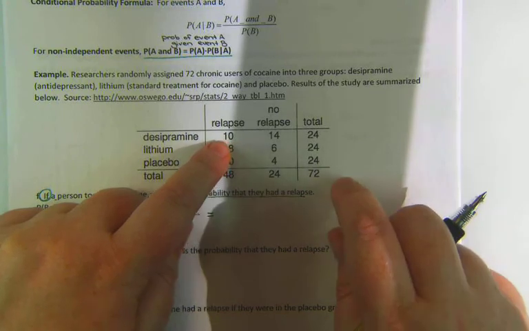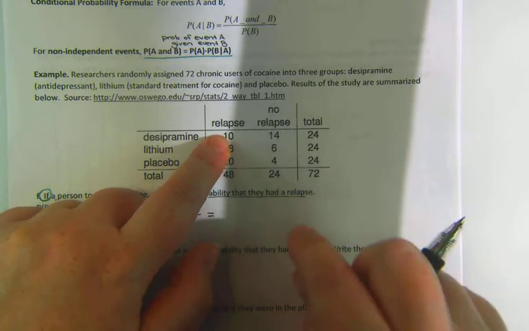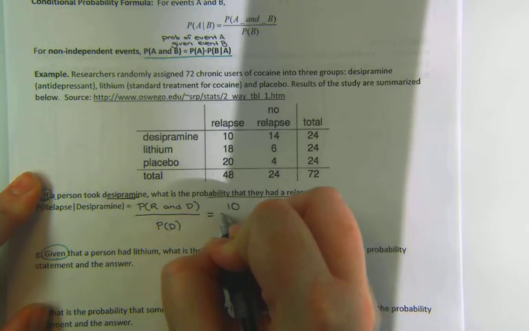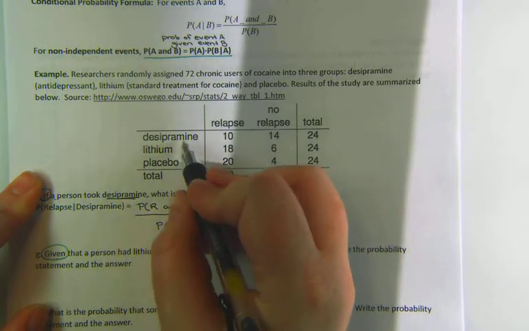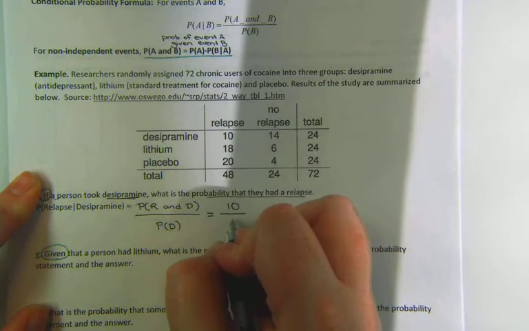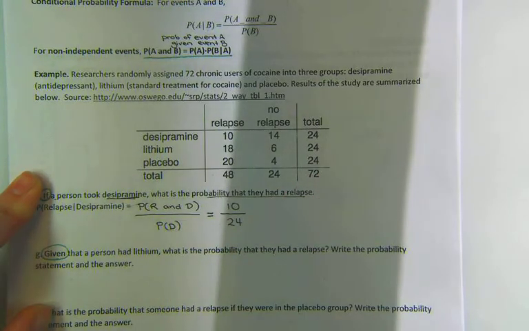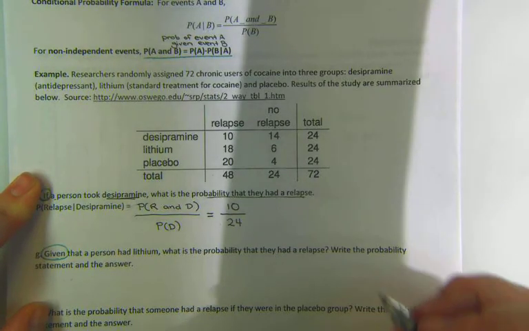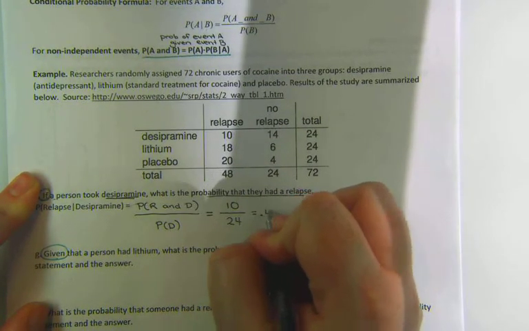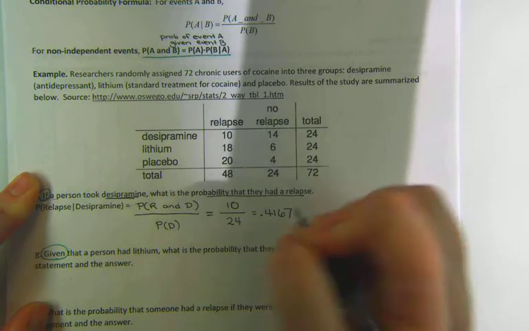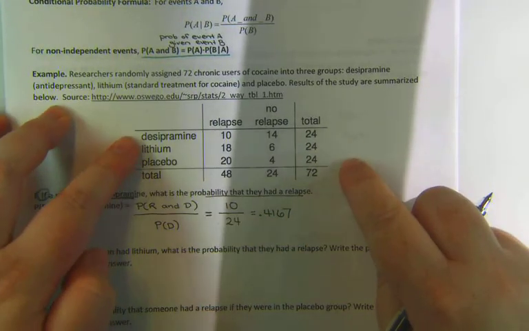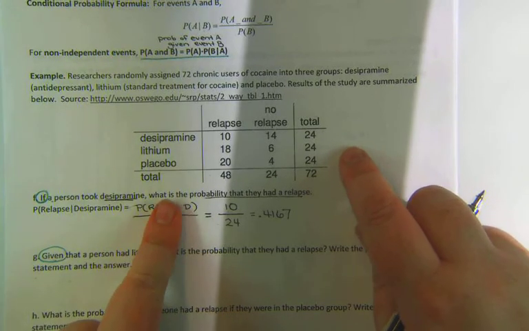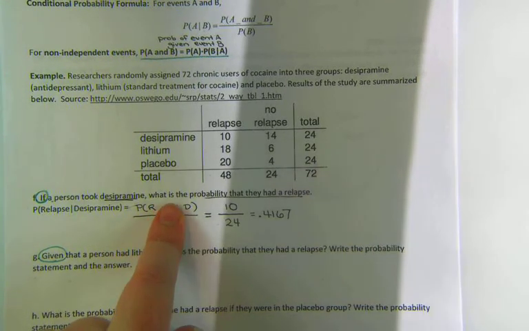While technically we have a fraction divided by a fraction, when you have a table like this, you can just use the counts from the table. You don't really need to make the denominator. For example, the probability of relapse and desipramine is technically 10 out of 70, but really we just need that numerator. So there are 10 people that relapsed and were on desipramine, out of all of the people on desipramine, which were the 24.